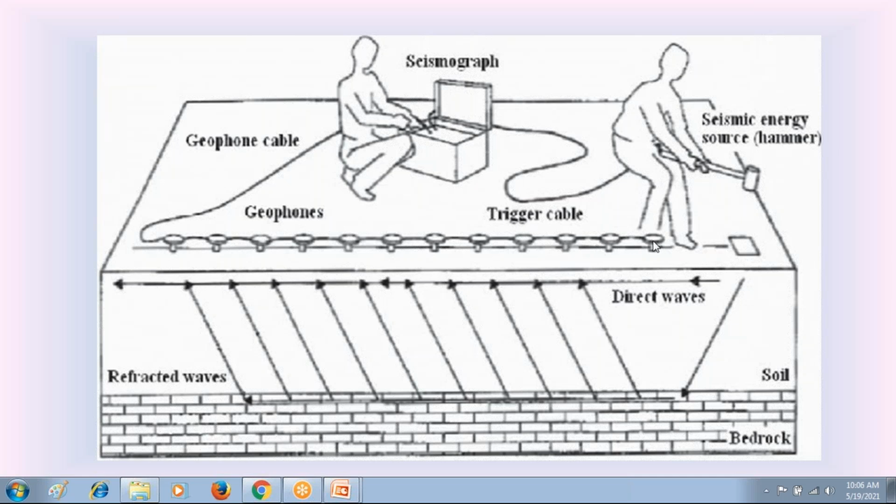So in this test, we have two known details. One is the distance of the geophone from this source. Next one is the time of receiving the seismic waves by these geophones. That time is noted in the seismograph.